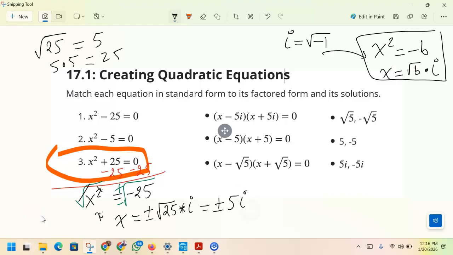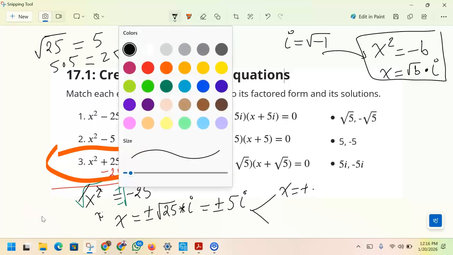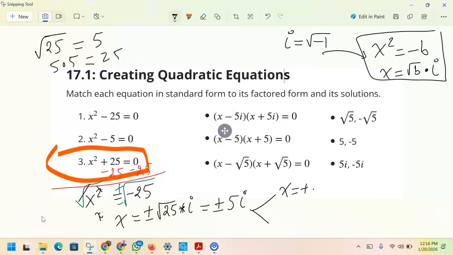So there are two answers. One is 5i, and the second one is minus 5i.